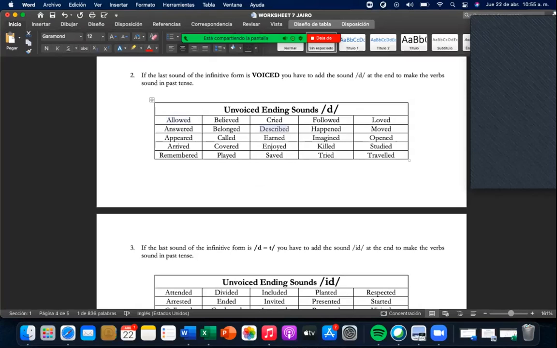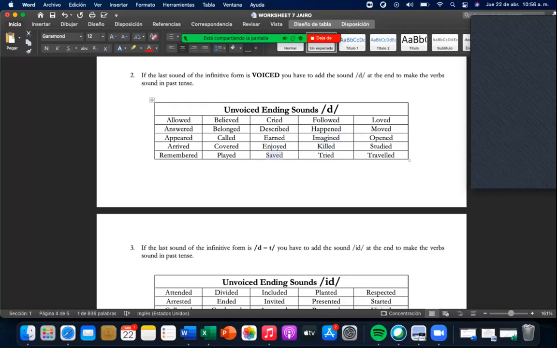Described. Happened. Moved. Imagined. Killed.